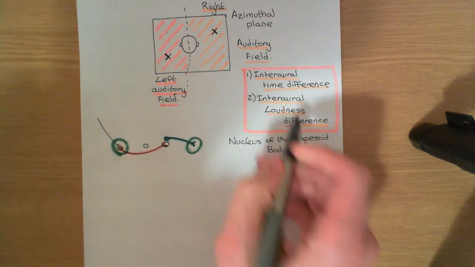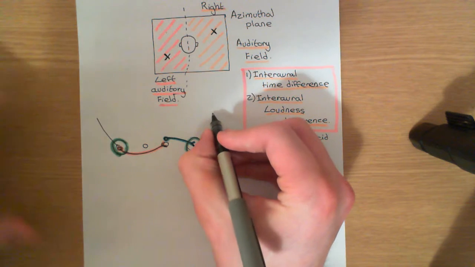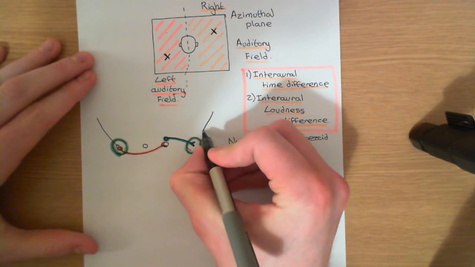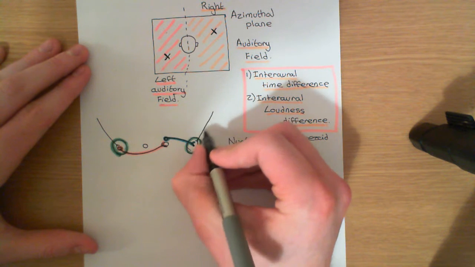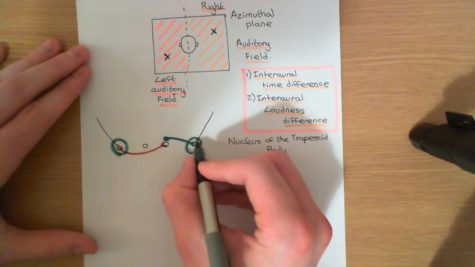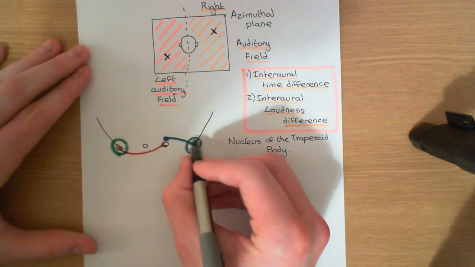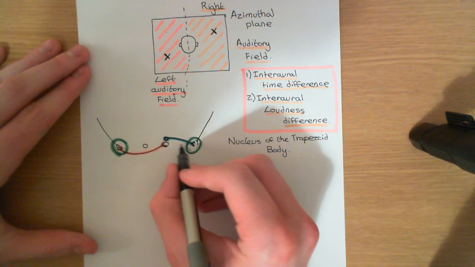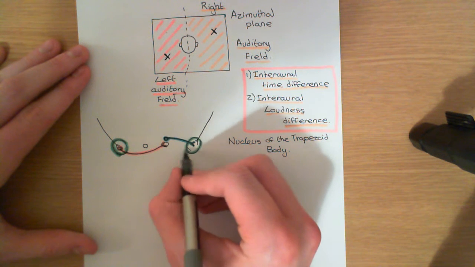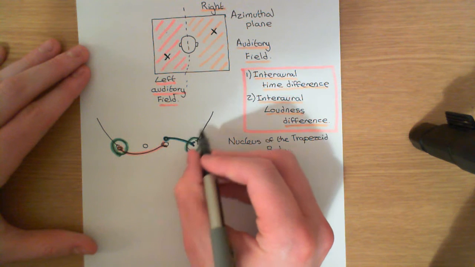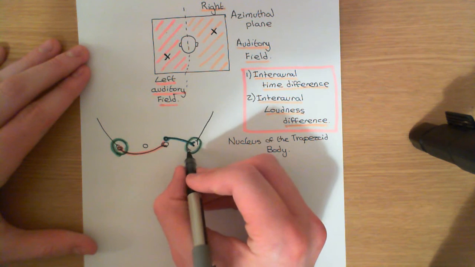So now when the auditory information arrives from the other ear, from the left ear, of course it will come in later. Now you're getting stimulation from the dorsal cochlear nucleus on the left hand side here, but it's no use because this one is inhibiting very strongly now. The nucleus of the trapezoid body on the left hand side is activated to inhibit the superior olive on the left hand side, and that stops this from becoming active.